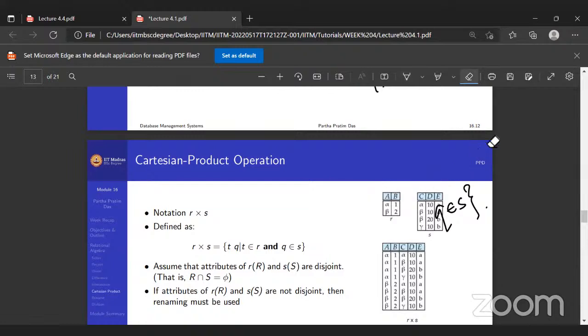If m into n has a common tuple, then common tuples means you want to say R into R?